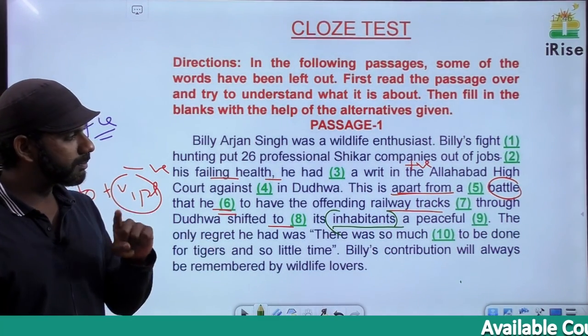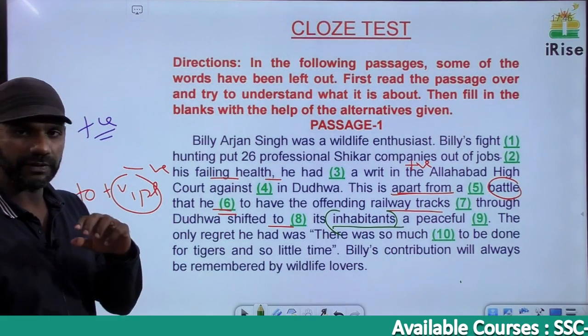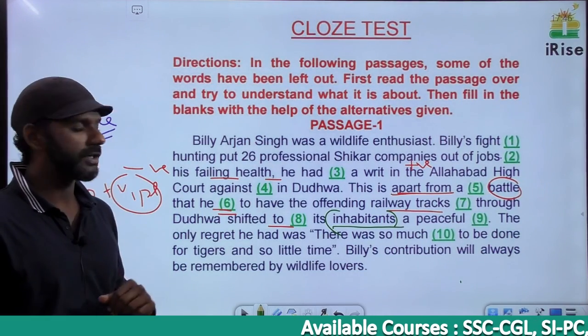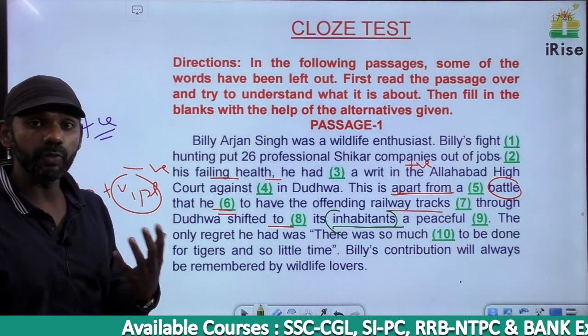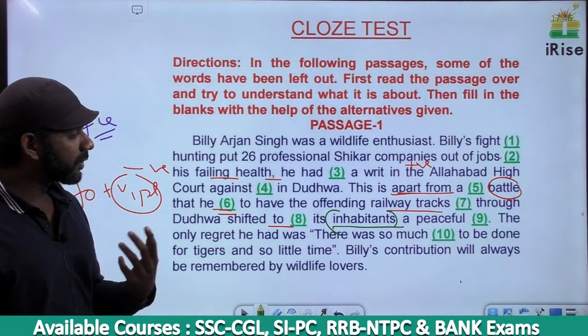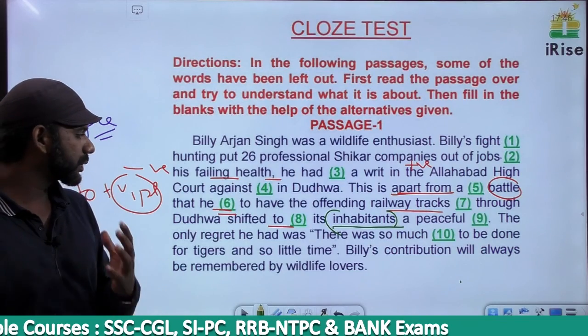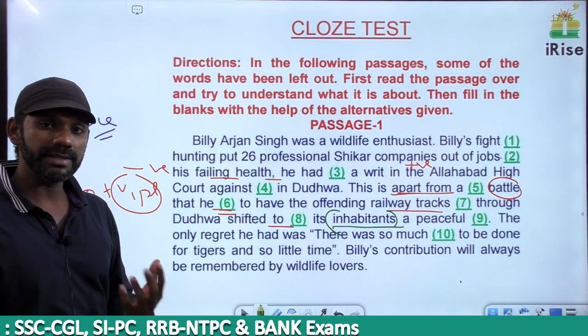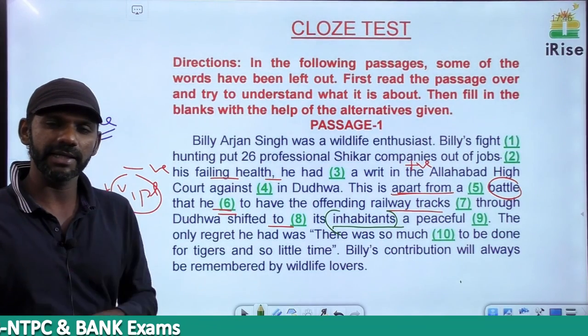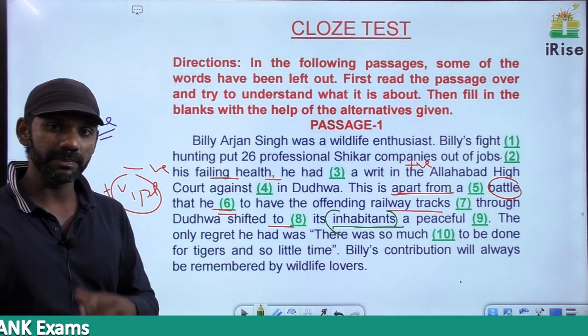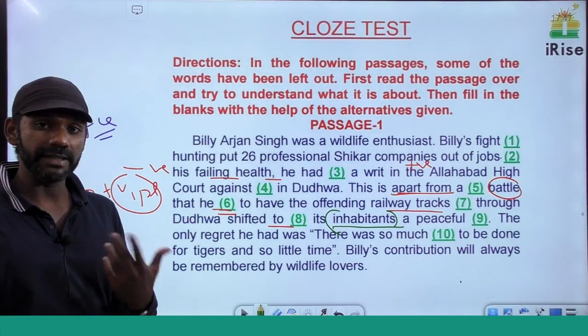Now we have 1 blank left in the sentence, blank 5. This is apart from a dash battle that he waged to have the offending railway tracks running through Dudhwa shifted to ensure its inhabitants a peaceful existence. Because of railway tracks running through that place, they don't have a peaceful existence.